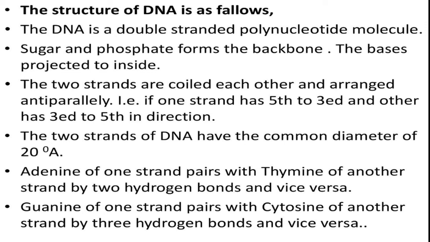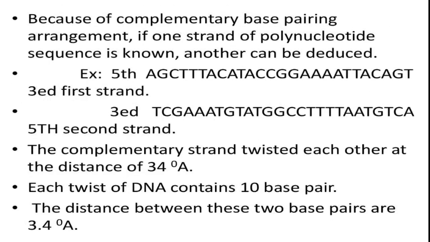The adenine of one strand always pairs with thymine by two hydrogen bonds. So whether it's adenine pairing with thymine or thymine pairing with adenine, it is with two hydrogen bonds. Guanine always binds with cytosine, or vice versa. Cytosine pairs with guanine with three hydrogen bonds.